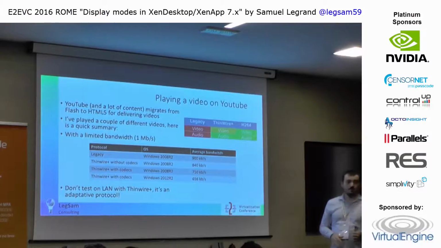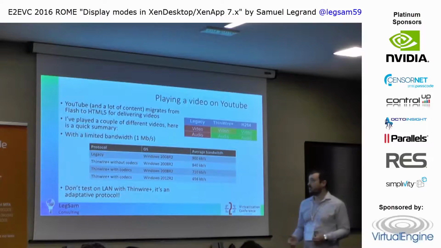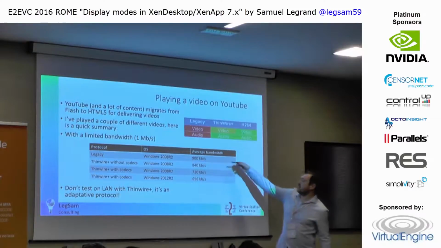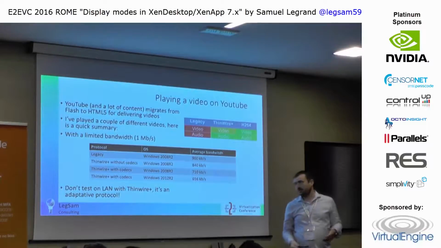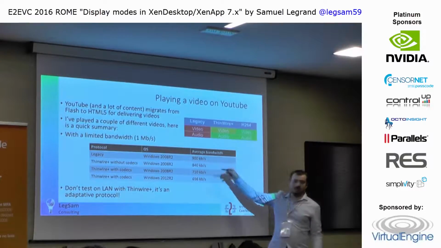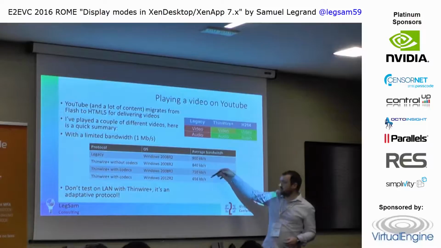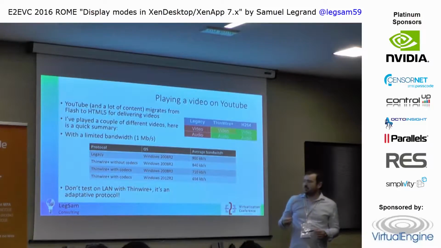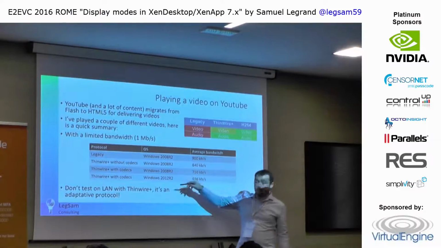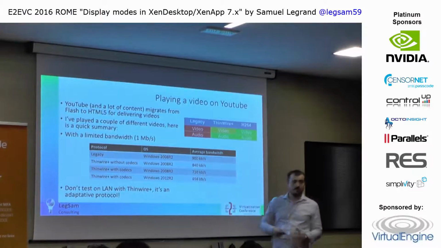H.264 for video is really cool because it's the best user experience. And you can see here the average bandwidth for the video testing: for legacy, in fact, we are saturated. The link was saturated. For the others, we can see there is a difference between the two OS, which is quite important.